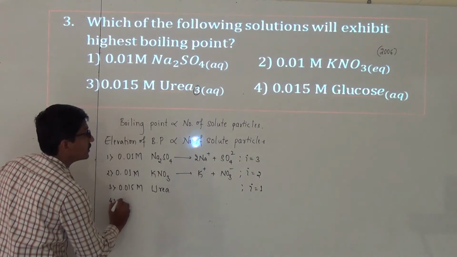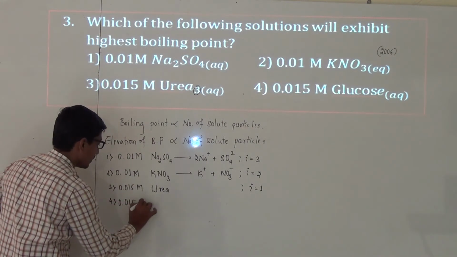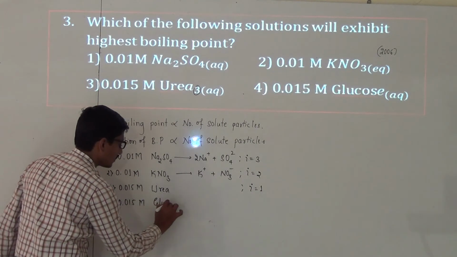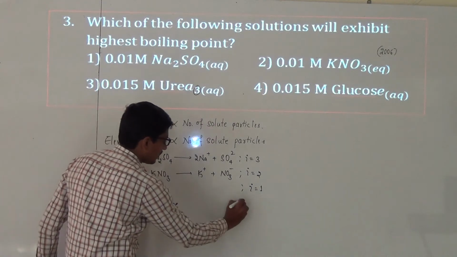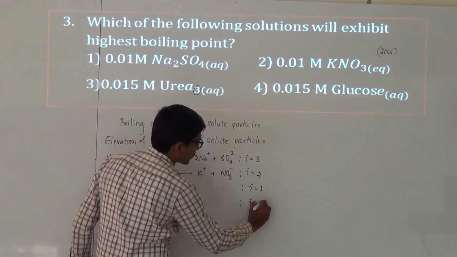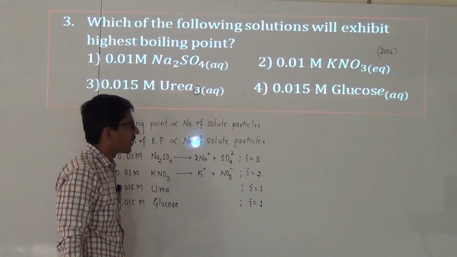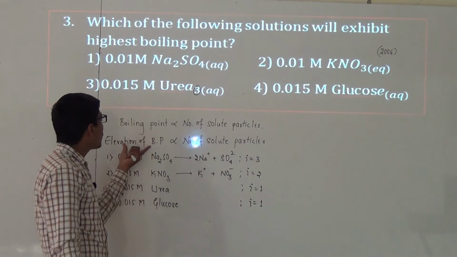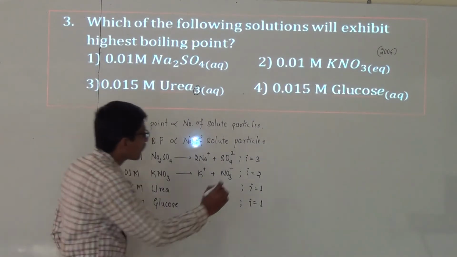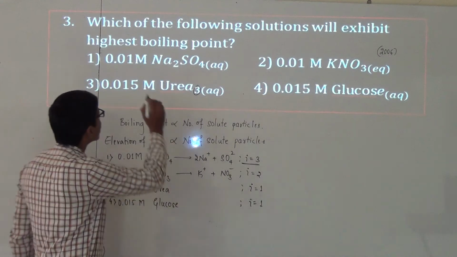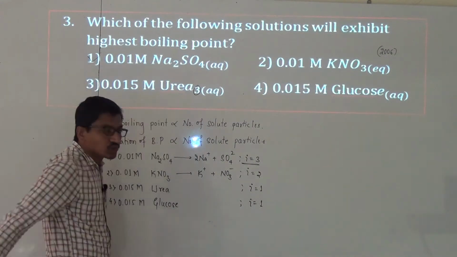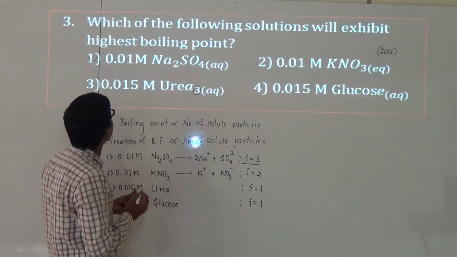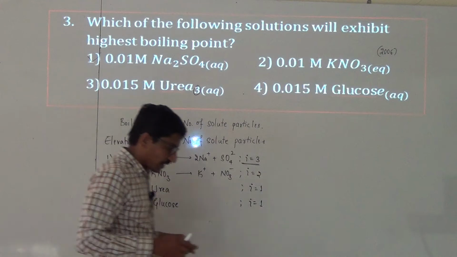Fourth option is 0.015 m glucose. This is also a non-electrolyte, neither associating nor dissociating. Number of particles is 1. Where the number of particles is more, the elevation of boiling point is highest, so the highest boiling point is for sodium sulfate. The correct option is the first one.